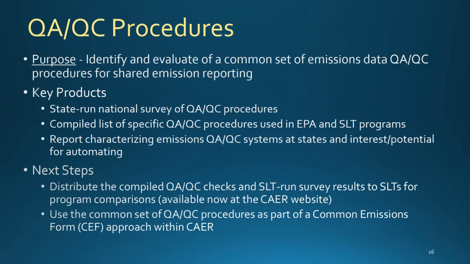And so the end result of this is a fairly comprehensive list of the types of QA QC procedures that occur on air emissions data across the whole country, at state, local, tribal, and federal programs. I think that's incredibly helpful. Let me have you go to the next slide.